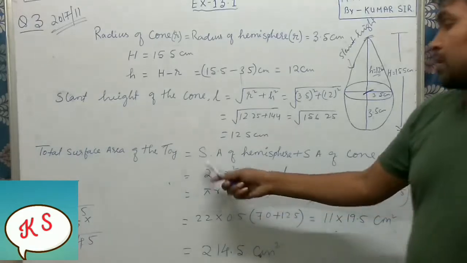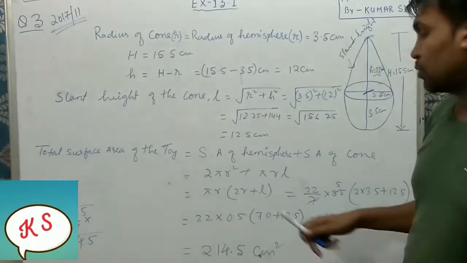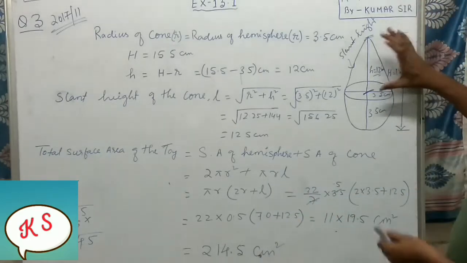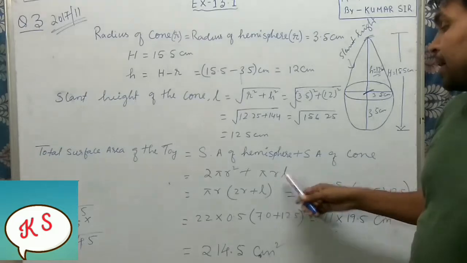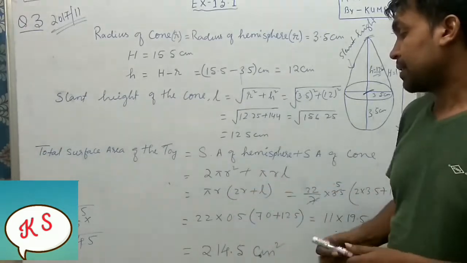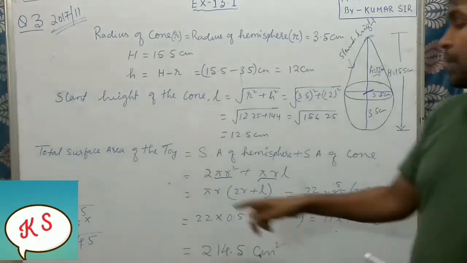So the surface area of a hemisphere is 2 pi r square, plus the surface area of a cone, which is pi r l. You can see that here pi r and here also pi r are common, so we take pi r common.